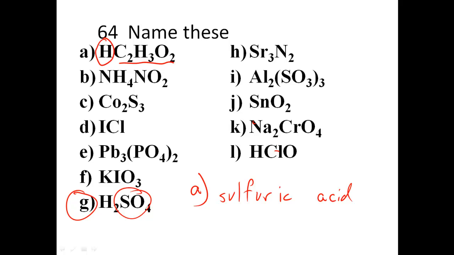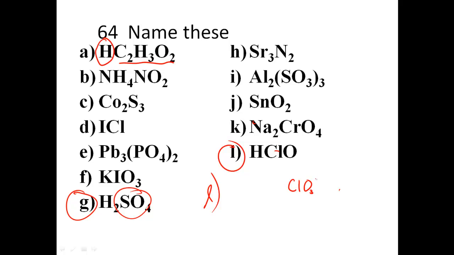Oops, that's G. And then we're going to take a quick look at L. Get the board erased. And so this is L. And when we look at L, what is that ion? If it was ClO3 minus, that would be chlorate, the ion that ends in ATE.